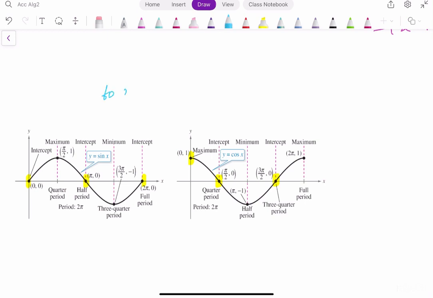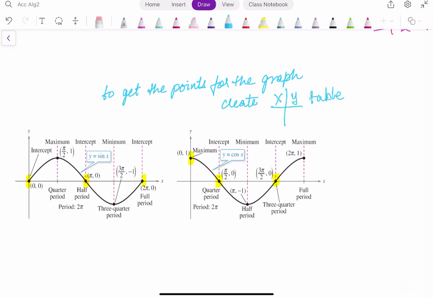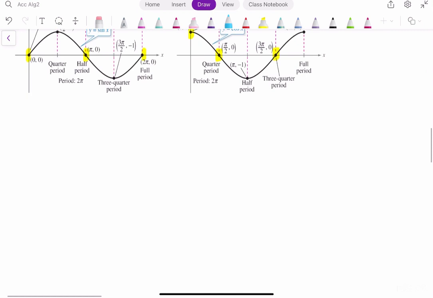But for cosine we are getting the 2 x intercepts and 1 y intercept. Now, to graph the sine and cosine function, what we did in algebra 1, create an x and y table. And using that x and y table, you can refer back to the unit circle to graph it.